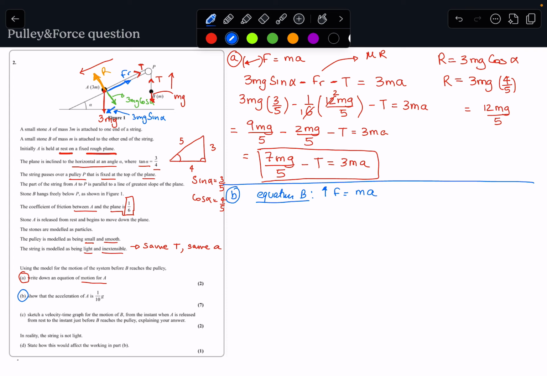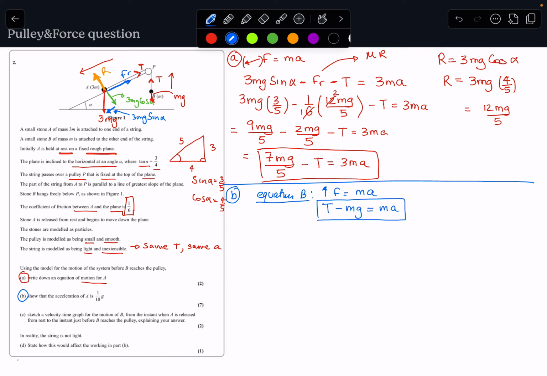So what is the force pushing the object upwards? That's my tension. What is the force pushing the object downwards? That's my mg. So tension minus mg is equal to my mass, which is m, times a. Therefore, that is ma. So this is my equation of motion for particle B.